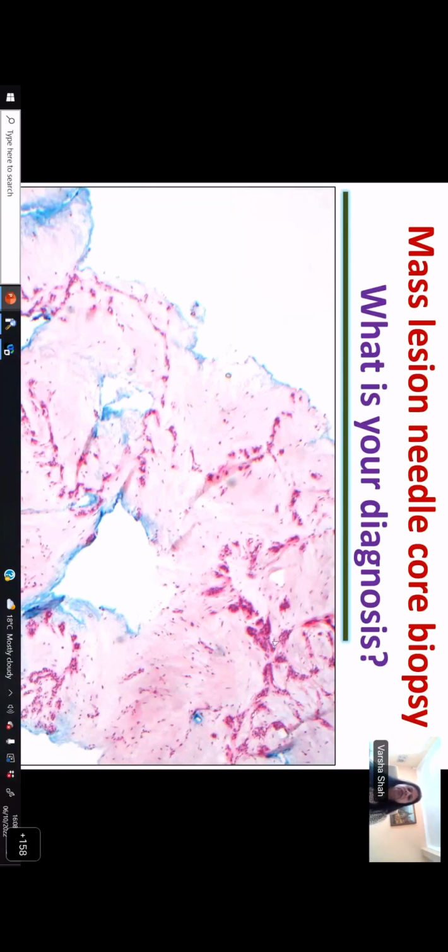This was another mass lesion, which was core biopsied. It was a well-defined, well-demarcated mass lesion. And you can see the mass lesion. There was an interface somewhere here. So what's the diagnosis?